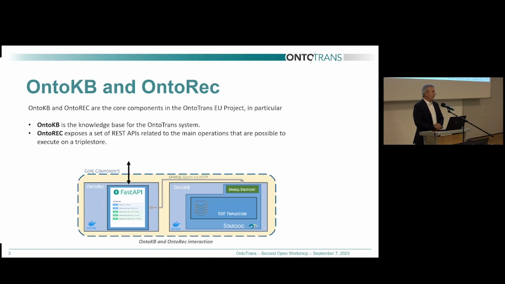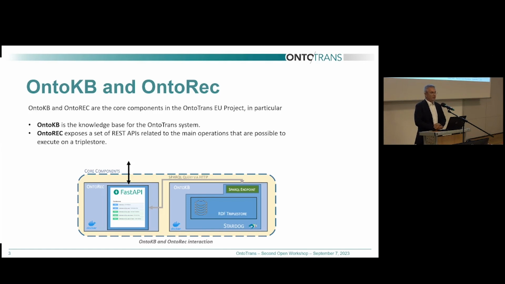So OntoREC is meant to provide kind of pre-prepared templates in order to facilitate the interaction, for instance, between the apps and the OntoKB or any other external component and the OntoKB. By exposing what? By exposing standard full-fledged REST APIs.